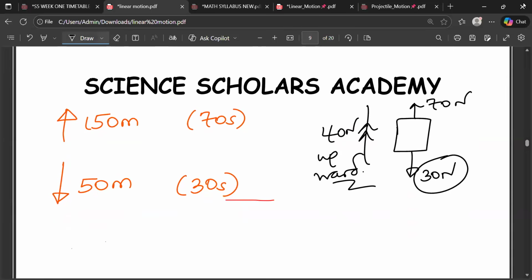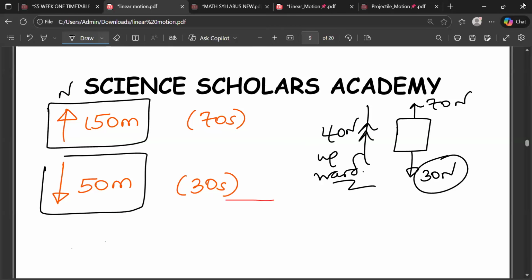The same with displacement: if it is 150 meters due north, we are going to the north, and you are also going to the south, and it is 50 meters. Remember, for displacement, you must consider direction. So north and south are different directions, so the overall will be a difference. The overall will be 100 meters due north.